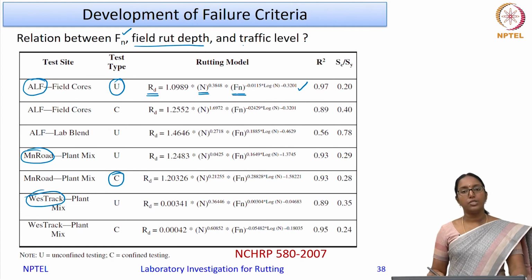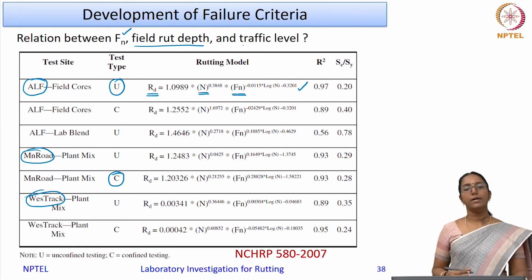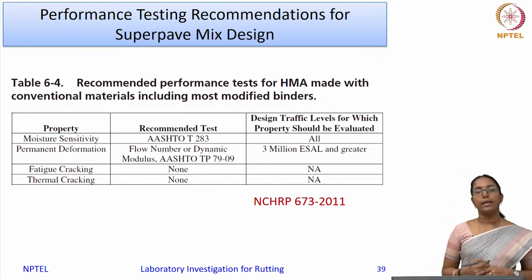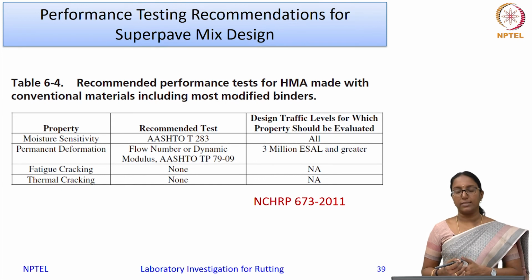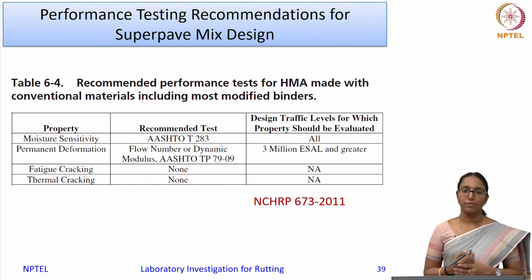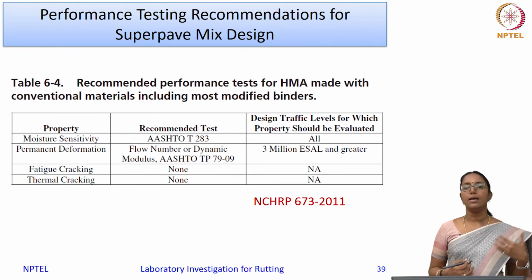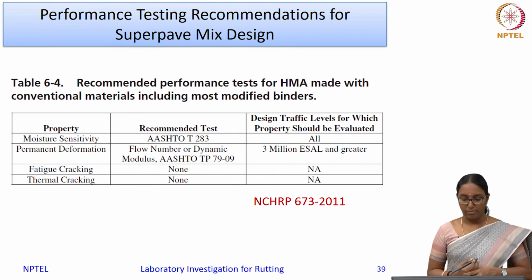Such relations can be developed once you have a substantial amount of field data that will be correlated to the laboratory investigation. In the Superpave method of mix design, as I mentioned in the beginning of this lecture, these tests are developed as part of the Superpave mix design method and the mechanistic empirical pavement design methodology.